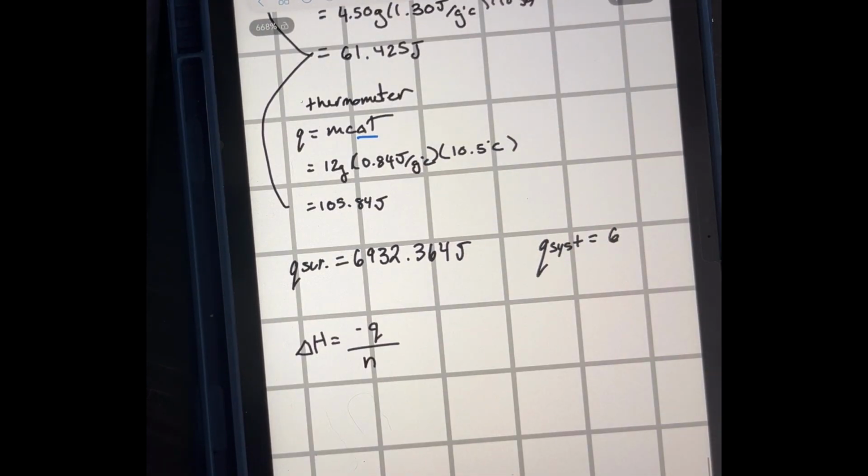So we can do this divided by 1000, which is 6.9 kilojoules, negative 6.9 kilojoules. That is the enthalpy of the system.